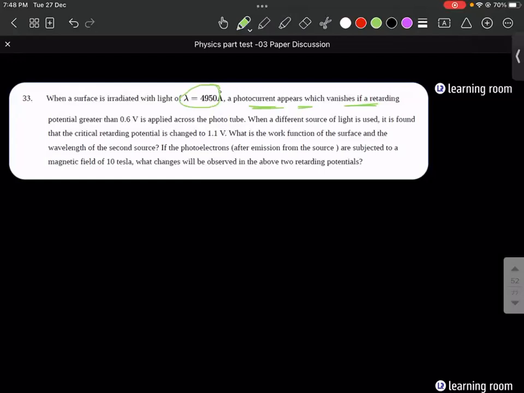When a different source of light is used, the critical retarding potential had to be changed to 1.1 volt. What is the work function of the metal? So what is the photoelectric equation I should write? Can I write h nu is equal to W naught plus K max? Or it is W naught plus K max is e times V naught.